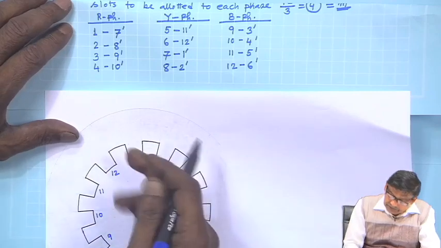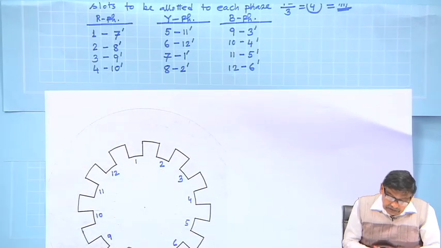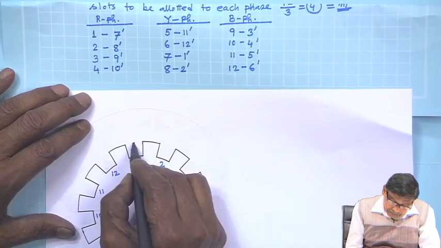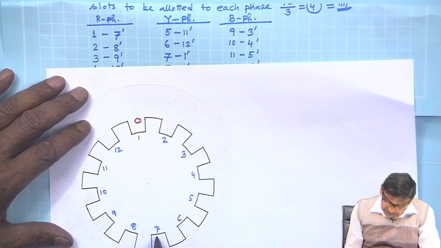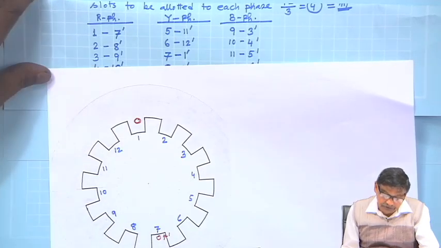So, R phase, let us use red color only. So, 1 and 7 dashed. 7 dashed is here. It is a 2 pole machine, that is why diametrically opposite.